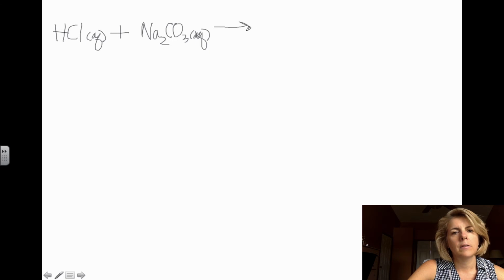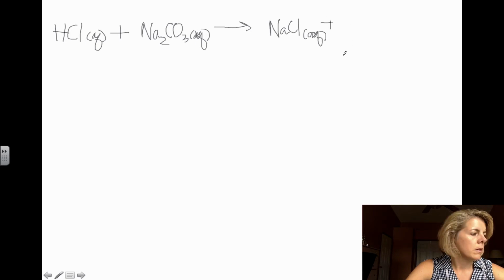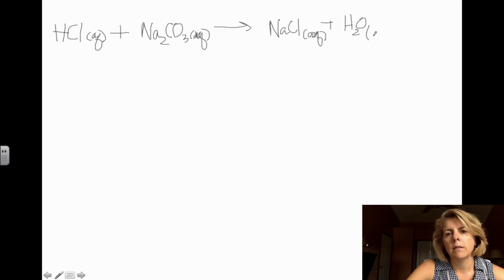And that yields, we have salt, which is NaCl. It's going to be aqueous because it's in water, plus H2O. You can put L because it'll be a liquid form. And then CO2. If you didn't know, CO2 is a gas.